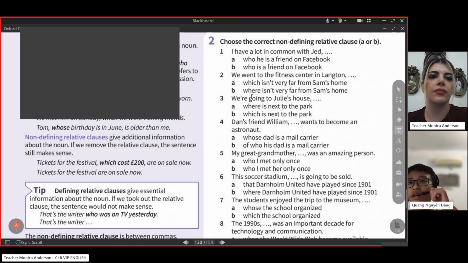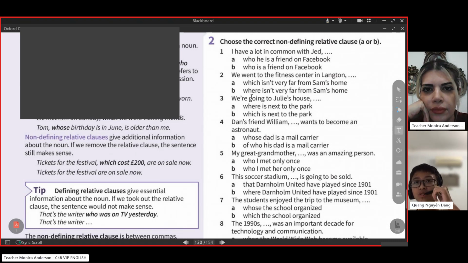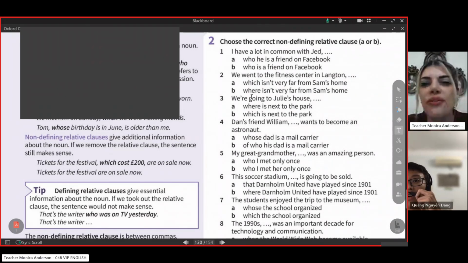Number two. We went to the fitness center in Langton, which isn't very far from Sam's house. Okay, so we went to the fitness center in Langton.